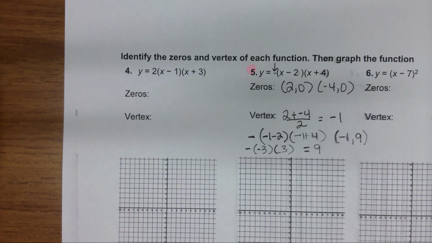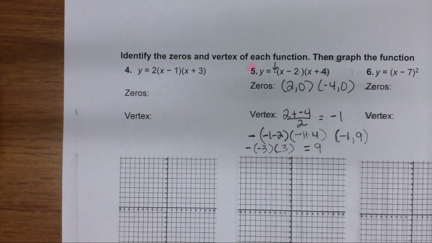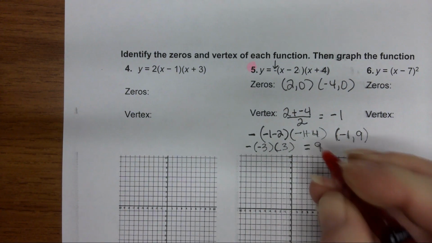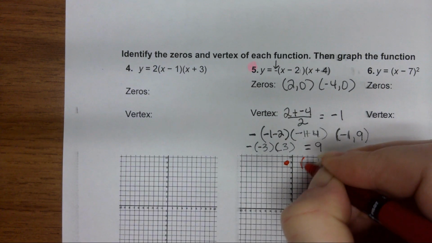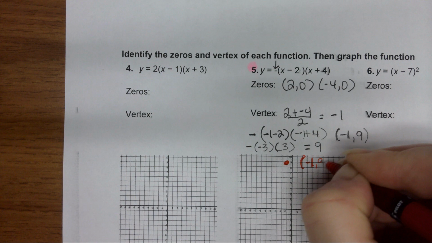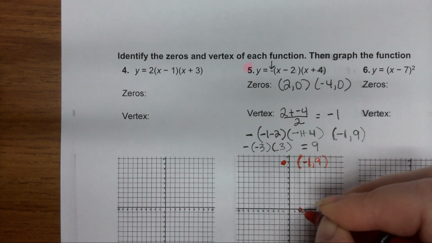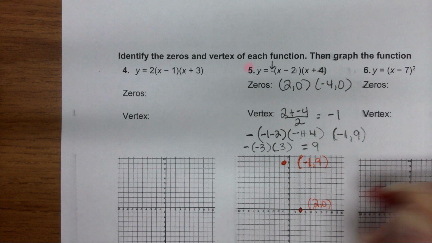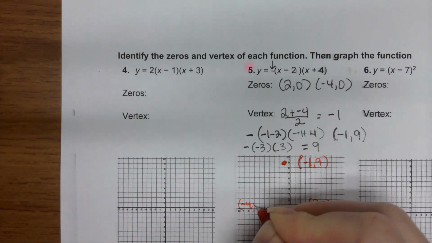Okay. All right, let's put it all together. I'm going to use that negative 1 once I graph my vertex. So I plot the point negative 1, 9. These are going up by 1s, so negative 1, 9 is right here. I'm going to go ahead and graph my x-intercepts. They are 2, 0, and negative 4, 0. Does it look symmetric so far?